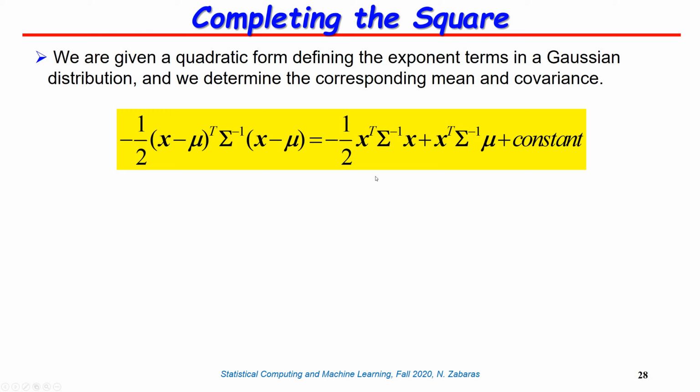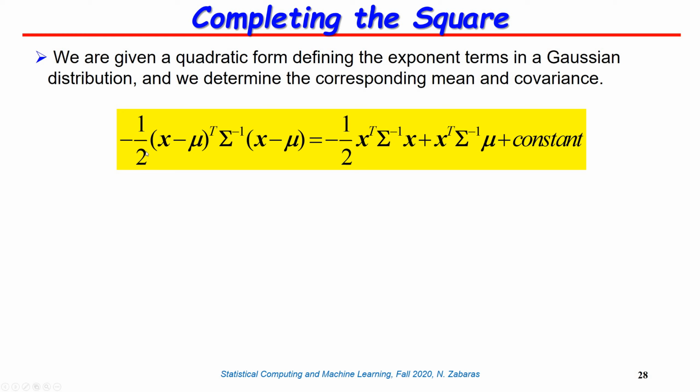Now, if you want to have a Gaussian that is normalizable, obviously you will have to add and subtract the appropriate constant terms to allow you to normalize this Gaussian. When you look at the exponential here, you notice there is an m transpose m term with minus 1/2 on the front.